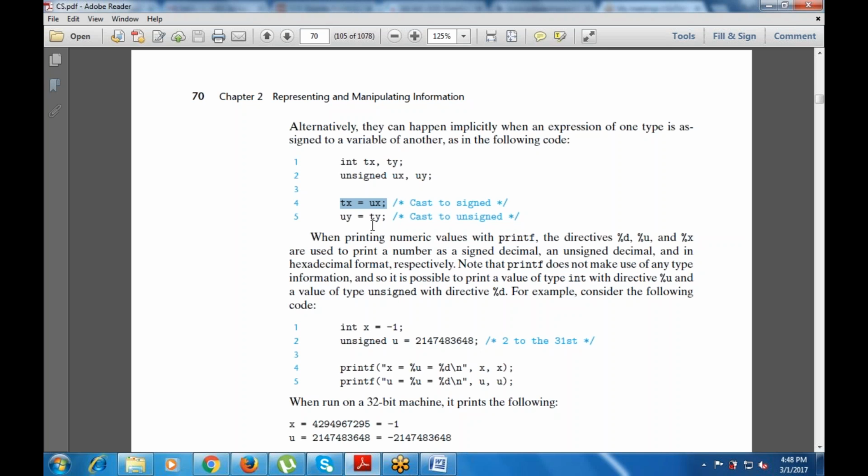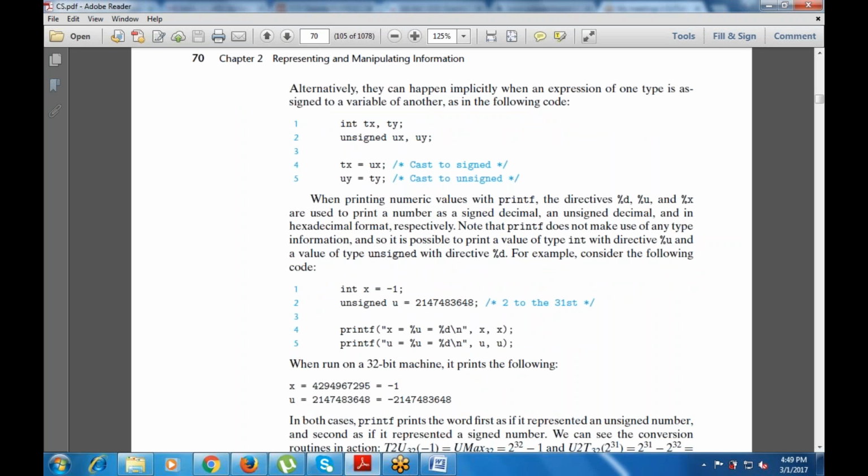For example, this is one of the examples: int x equals -1, unsigned u equals 2147483648. This is 2 to the 31st. Then printf x equals %u, %d, u equals %u, %d. When you run this on a 32-bit machine, it prints the following: 4294967295, -1, 2147483648, and so on.